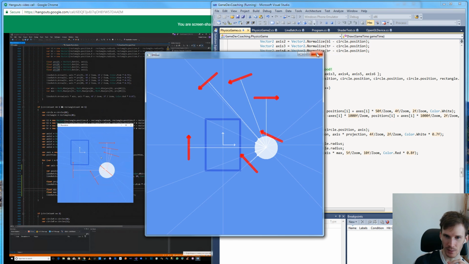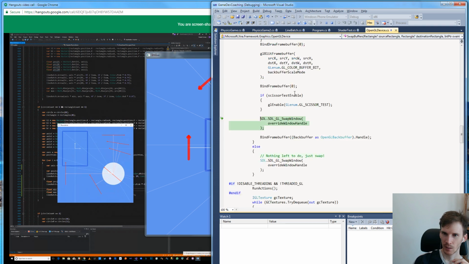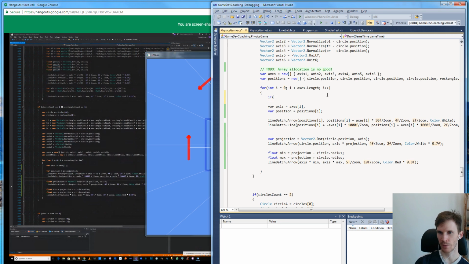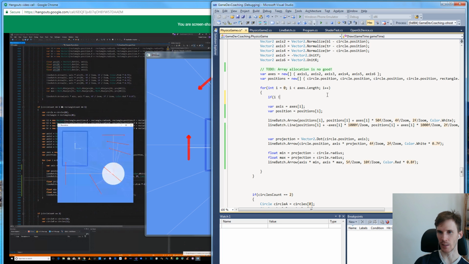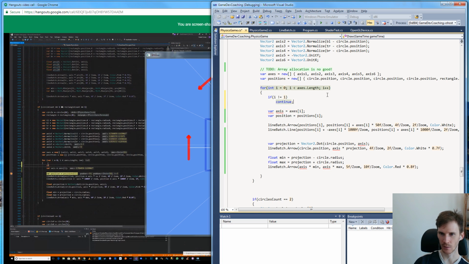So let's simplify this a little bit. Let's go back into here and say, all right, if I is not equal to, let's look at axis 2, so if I is not equal to 1, continue. And then we can just focus on a single axis.